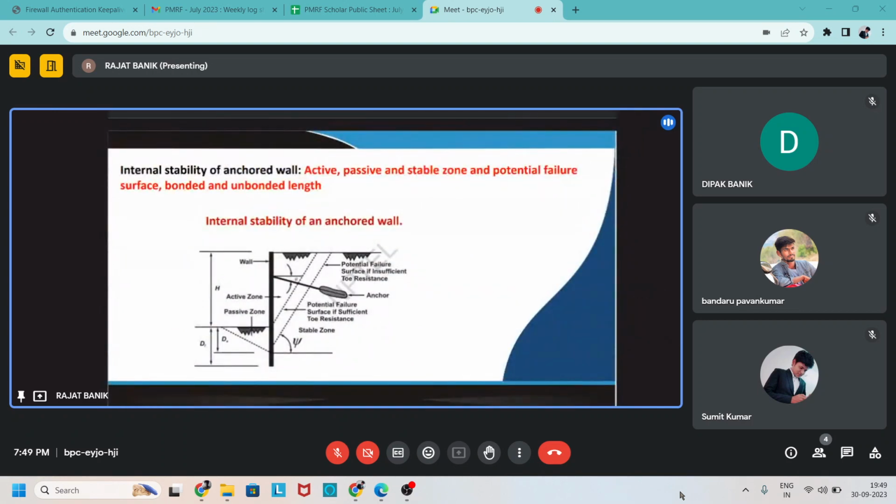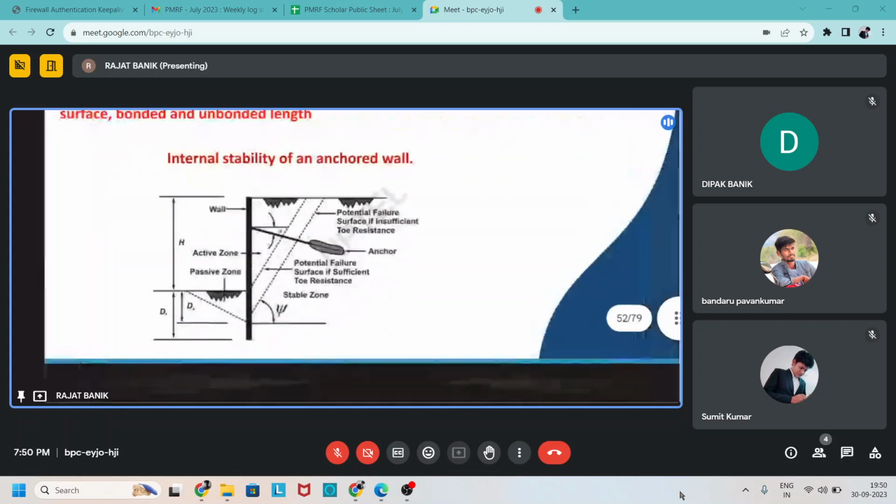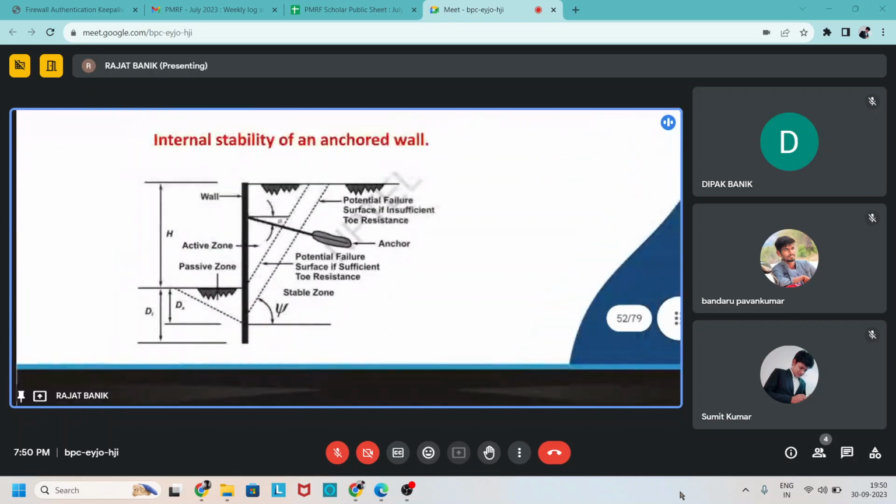Now we are discussing the anchor wall, and this is based on the active, passive, and stable zone, potential failure surface, bond and unbonded line. And this occurs during our construction of the anchor. For internal stability of an anchor, one arrangement is given, and in this arrangement we can see that above the critical zone, the zone is called the active zone.